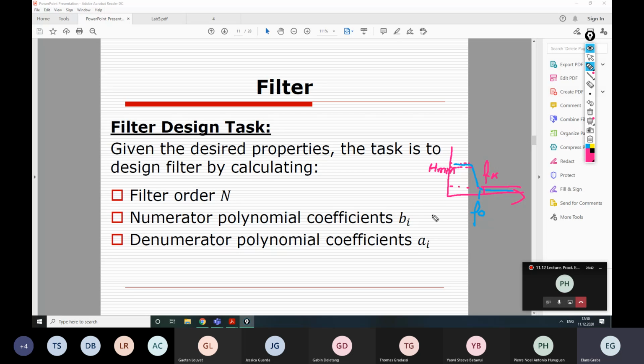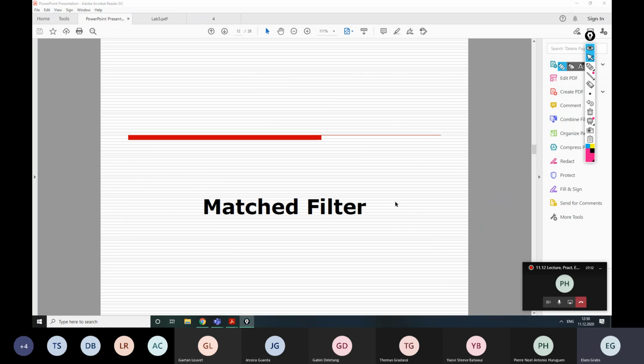So given these conditions, we then use different methods to calculate what filter order we need and the coefficients of the numerator and the denominator of the transfer function. And when we calculate that, we have the filter calculated, which can then be implemented and used, and it will have this amplitude frequency response as requested. So that's in general about filters.